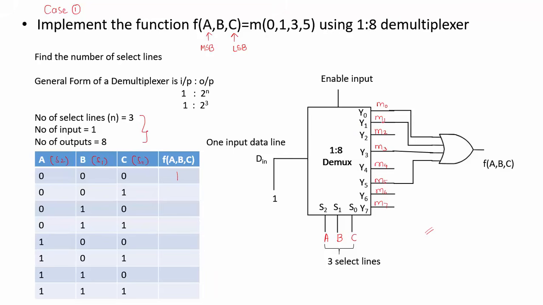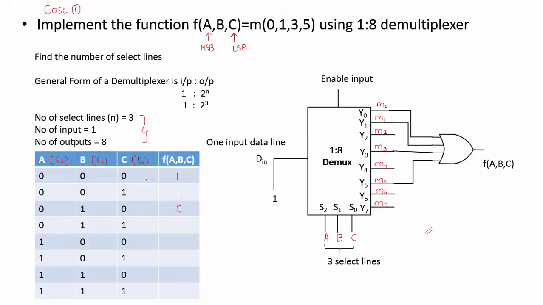So M1 is 1 and all others will be 0, and the input to this OR gate will be 0, 1, 0, 0, and the output of this OR gate will be 1. When the input is 0, 1, 0, D in is connected to M2. So M2 will be 1 and all others will be 0, and the input to this OR gate will be 0, 0, 0 and 0. So the output of this OR gate will be logic 0.